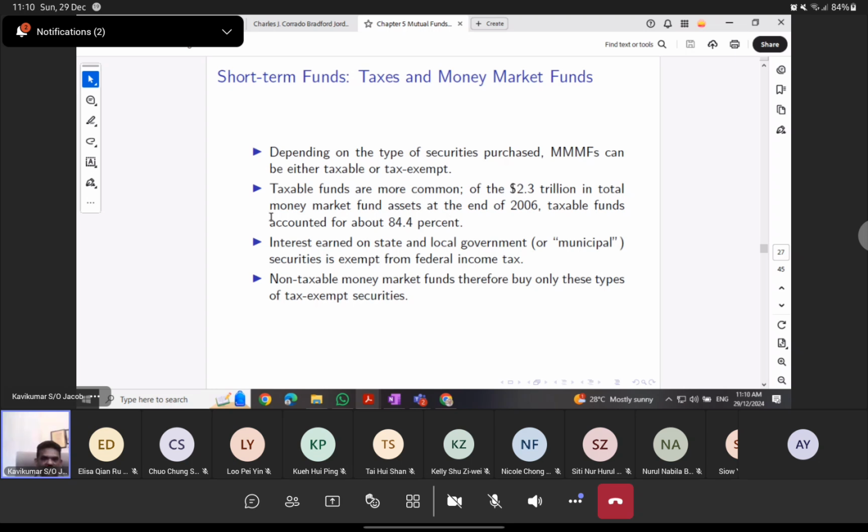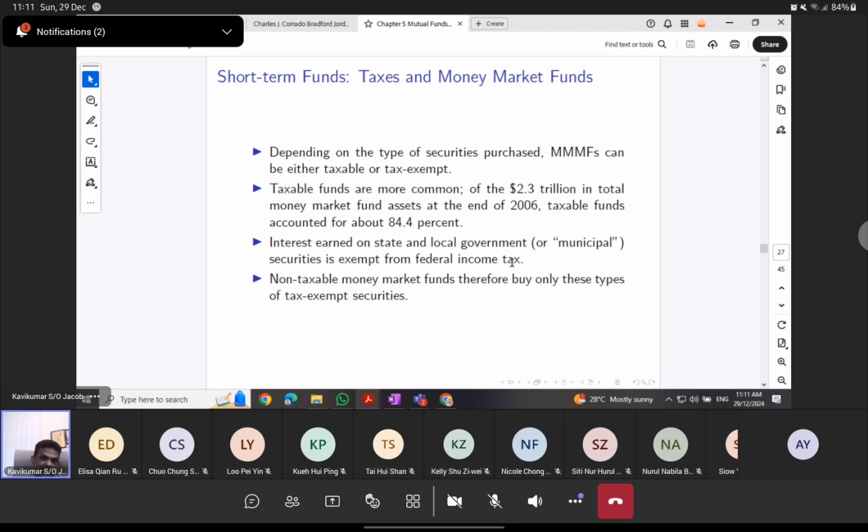State and local government securities are exempt from federal income tax. For example, government-based mutual funds are not taxable, because through your investment the government is earning money, so they are not going to put any tax.